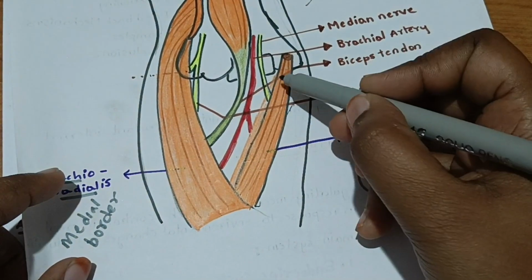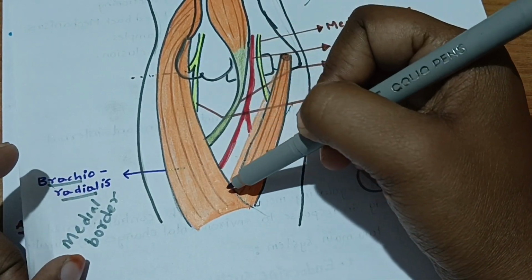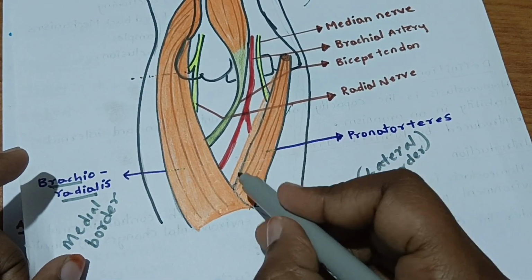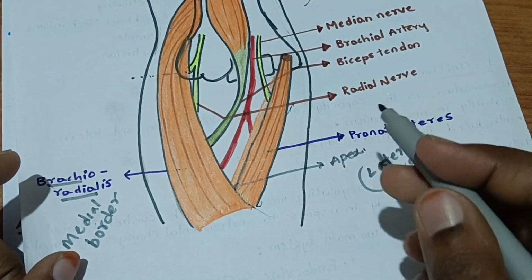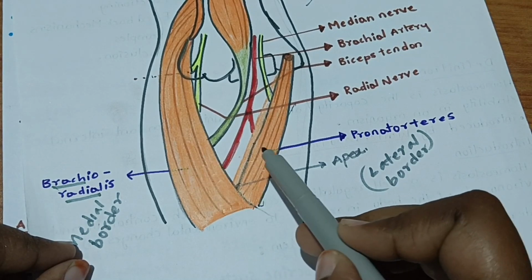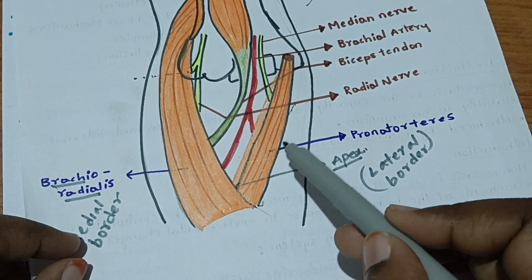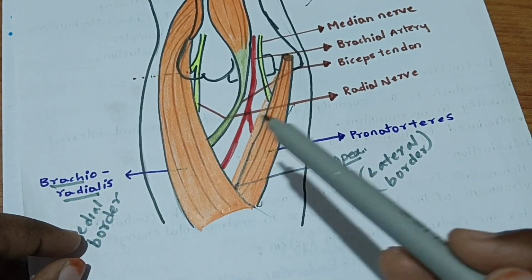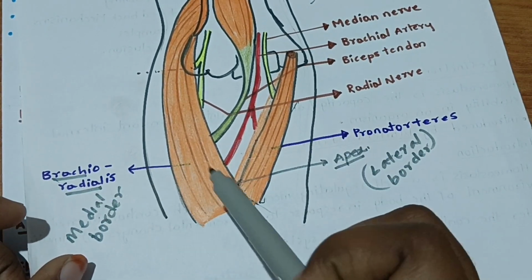The base is formed by an imaginary line, and the apex by the meeting point of the medial and lateral borders, pronator teres and brachioradialis.